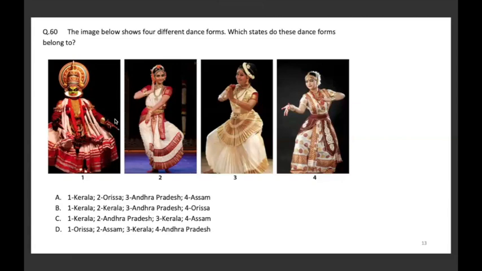First one. The first figure that you are seeing is a dance form called Kathakali. It belongs to Kerala. Next one that you are seeing here is Kuchipudi. Kuchipudi belongs to Andhra Pradesh. Next one that you are seeing is Mohiniyattam.